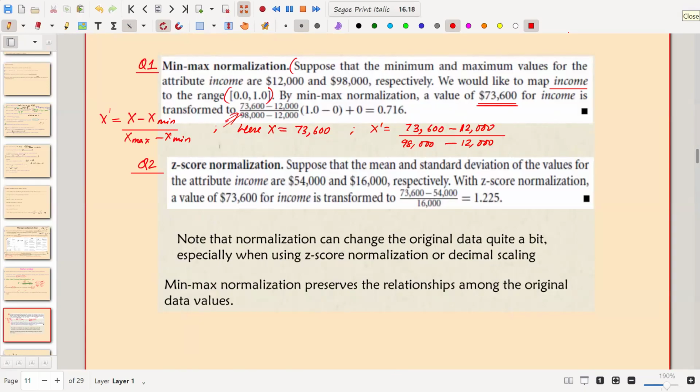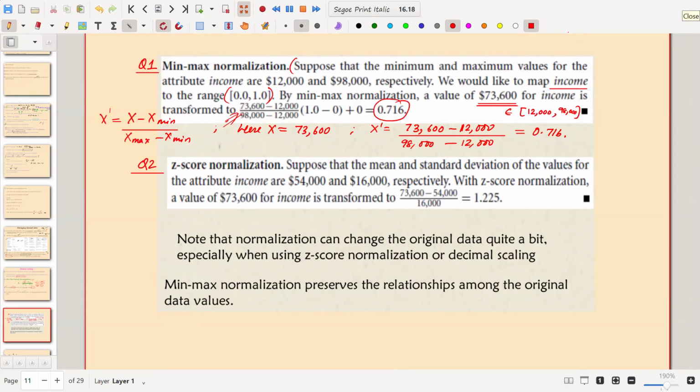You can see this value turned out to be 0.716. Any value like 73,600 lies in between your minimum and the maximum, that is 98,000. Any value in between the two always gets mapped to a proportional quantity, right?